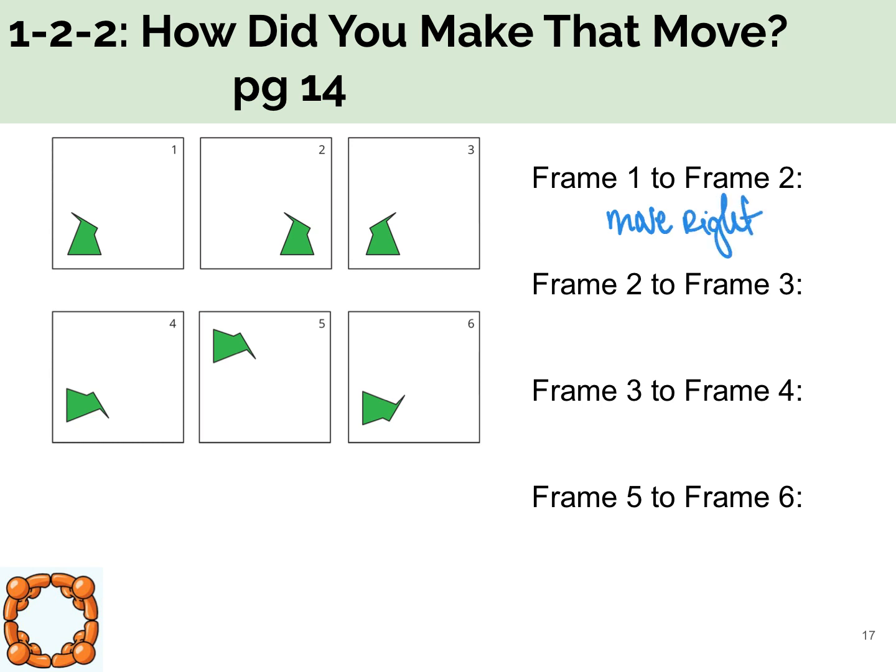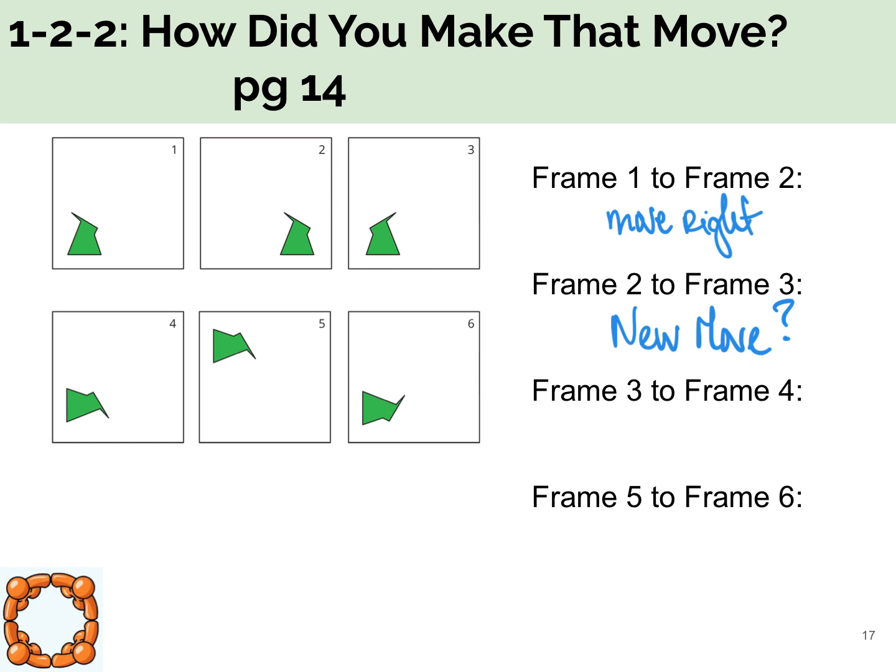Okay, then we're going from 2 to 3. So 2 to 3, that's a little bit different than what we did before. And so if we kind of think about it, this is a new move, because we were trying to see a new move. Okay, and right now we don't know what the answer is.